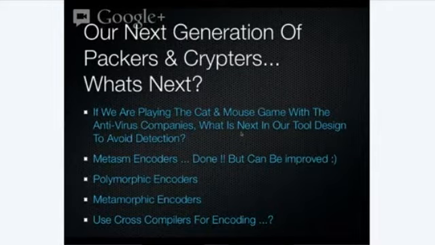One I had noticed was the Meta ASM encoder. It's been done, it's out there, but that can be improved upon. There's always the polymorphic encoders and the metamorphic encoders. One I like is the cross compile.